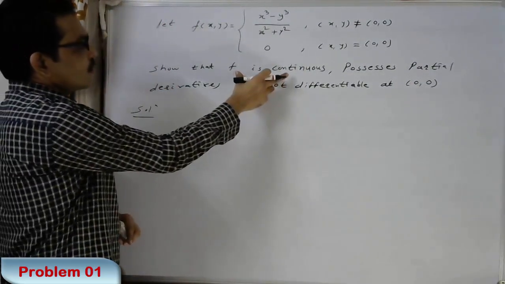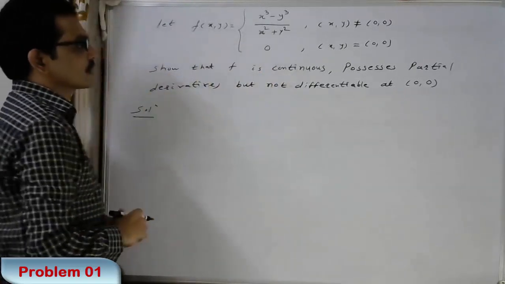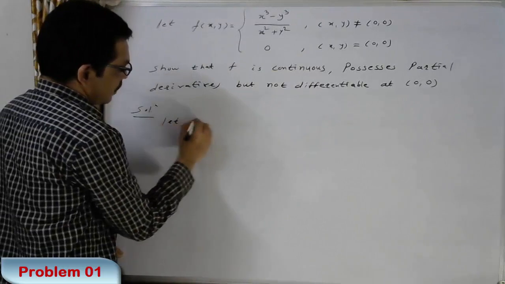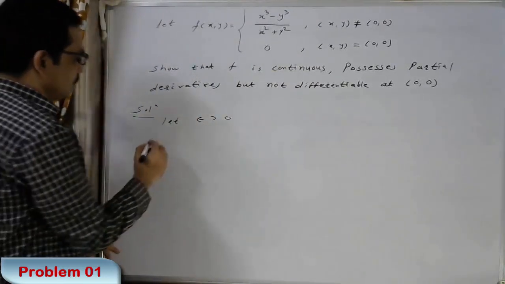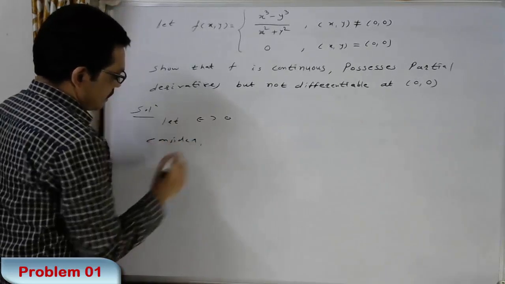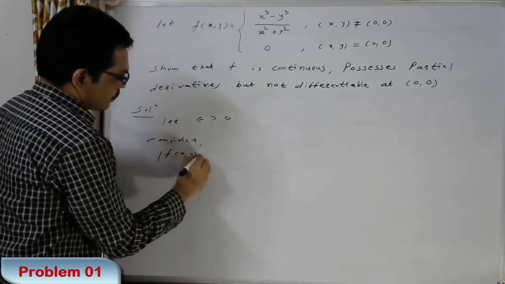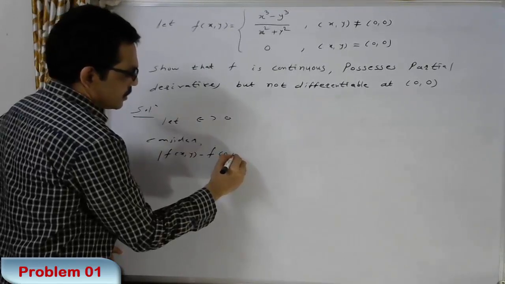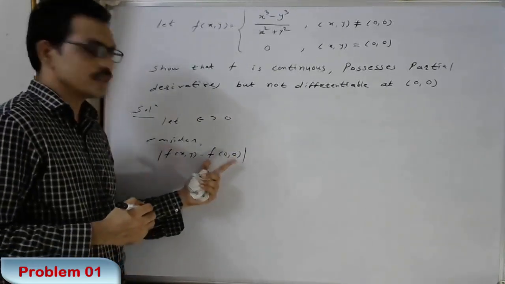First, we show that the function f is continuous. Now let epsilon be greater than 0. Consider the modulus of f(x, y) minus f(0, 0), the value at the point (0, 0).